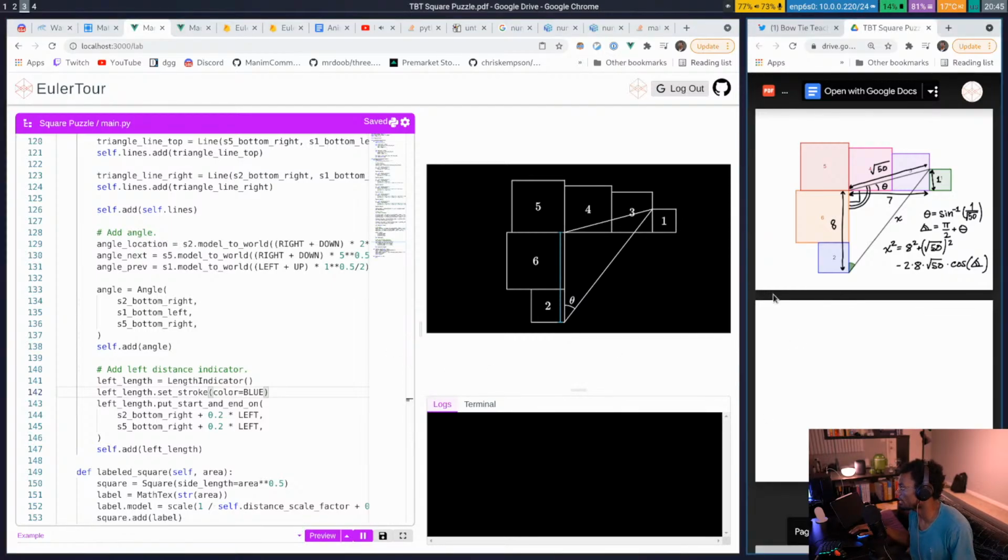So I need this, and then I got to have that root 6 plus root 2. Yeah.